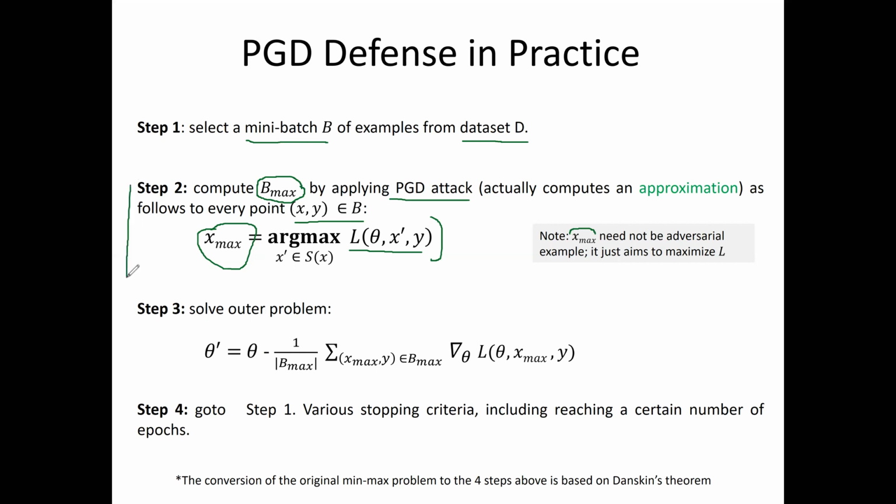We have computed some approximate solution to this problem, and we got rid of it. And now that we have the B max, we can just do the standard gradient step over here. This is a standard gradient step, except that this time we are working with the set B max instead of the set B. So this is the standard gradient step that we do in training.